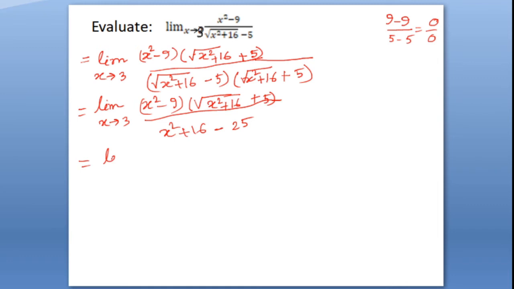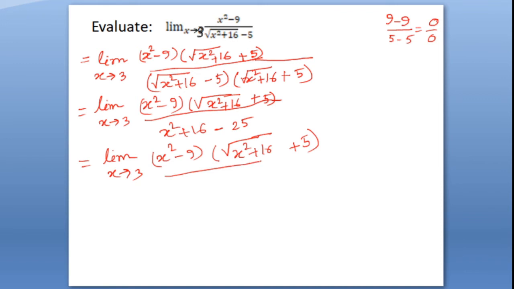Now we can write limit x tends to 3, this will be x square minus 9 and this will remain the same, x square plus 16 plus 5 by x square minus 9, this and this will be cancelled.